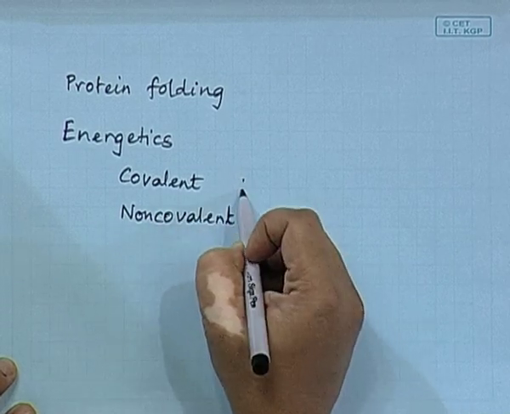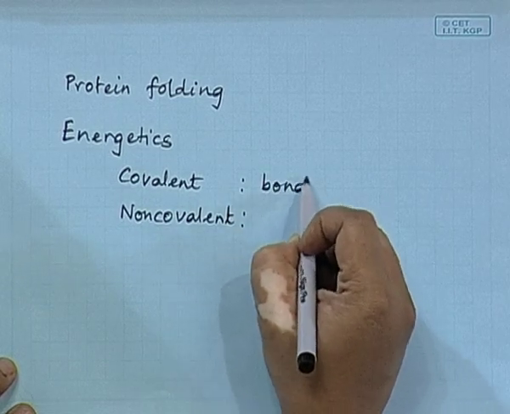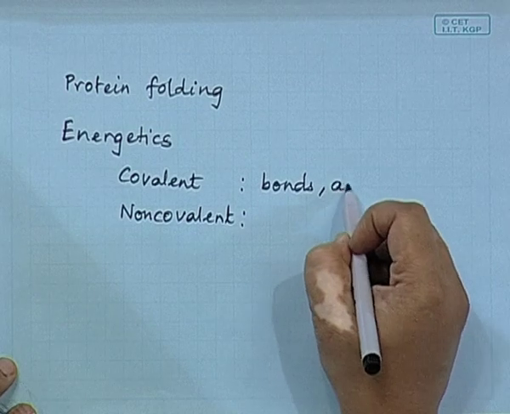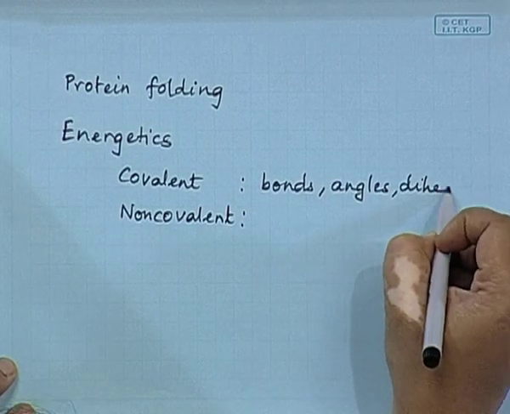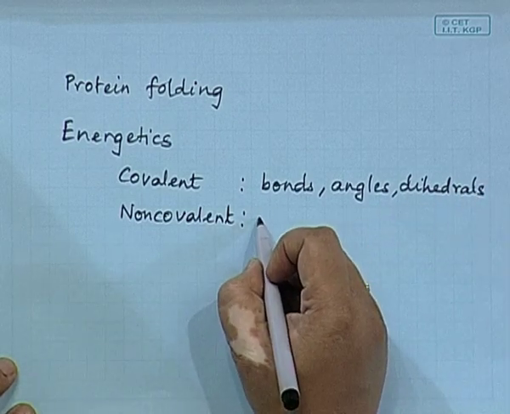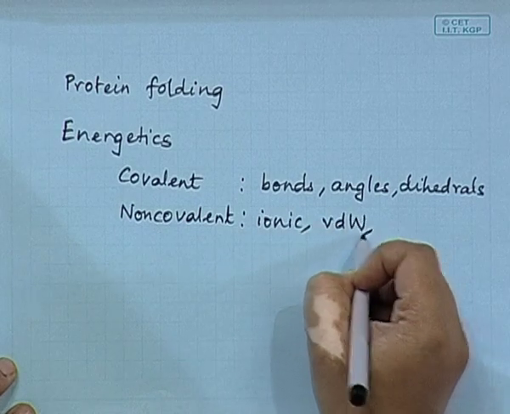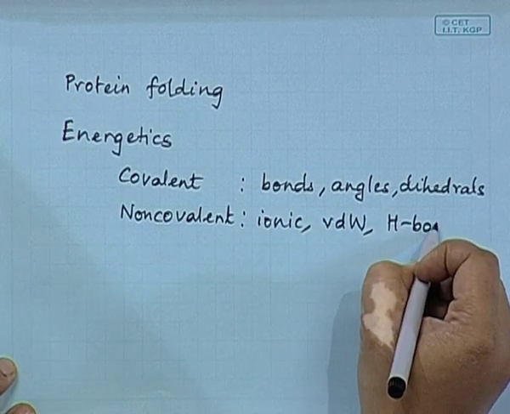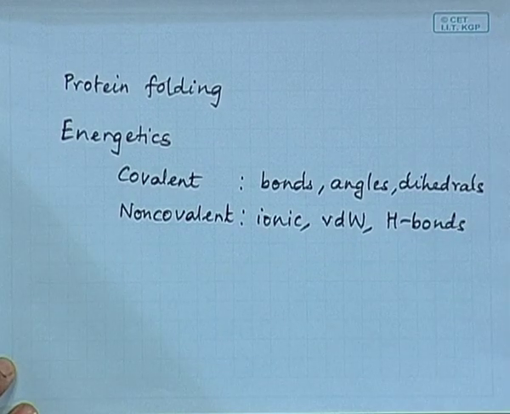The covalent contributions come from bonds, anything that is connected: bonds, angles, dihedrals. Non-covalent: ionic, van der Waals, hydrogen bonds. Those are going to contribute to the energetics of protein folding.